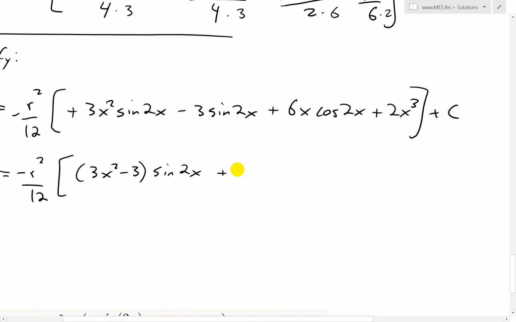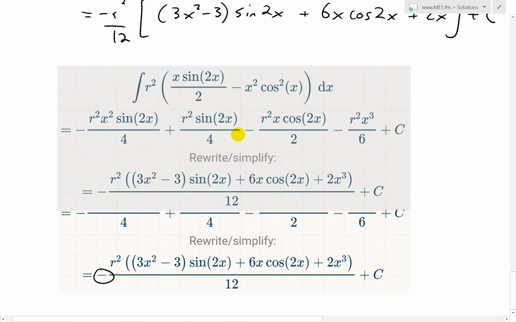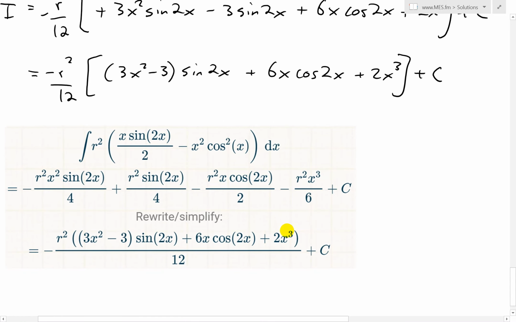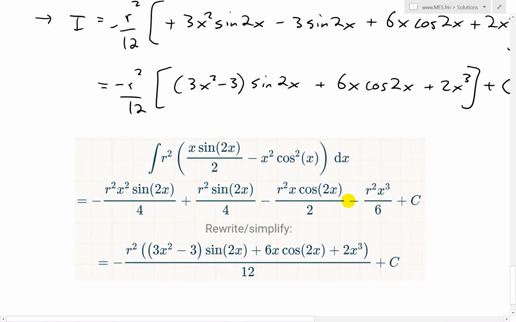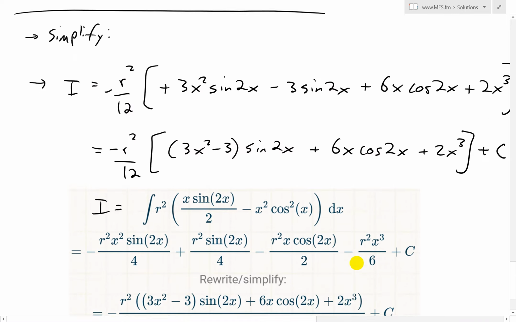Now we have plus 6x cosine 2x plus 2x cubed, and then finally plus c like that. And I'll move this over finally there. And this is the exact same one as this one. So yeah, that's correct.